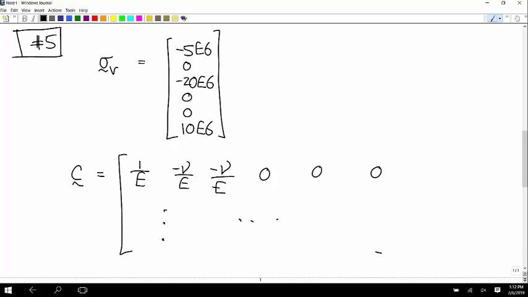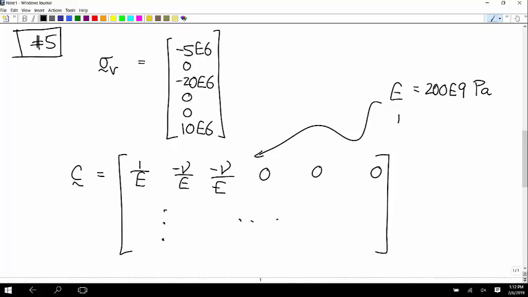So this whole 6x6 matrix, and you'd substitute in values of 200 times 10 to the 9 pascals and a Poisson's ratio of 0.3. And now the units of Young's modulus match with the units of the stress. And so you can do the multiplication, and you can just have your calculator do that and it'll give you some strain values.